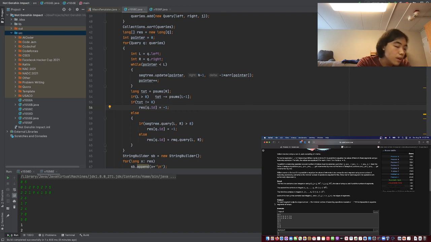No, wait, hold on. That's not right. Increase, decrease, okay. Or wait, does that even matter? Hold on, increase, decrease. I know I want to increase this one. If I decrease this one, then I could just say increase, decrease.